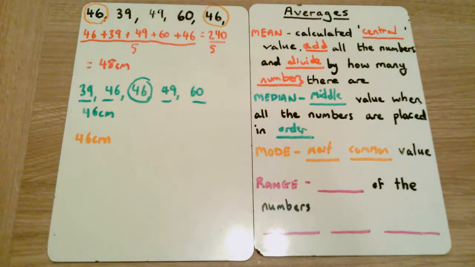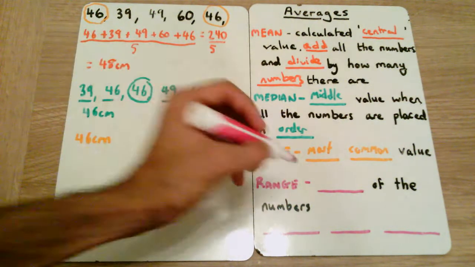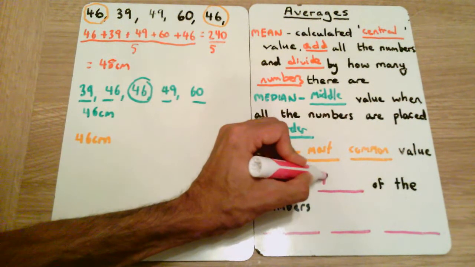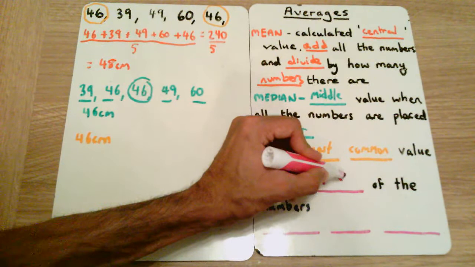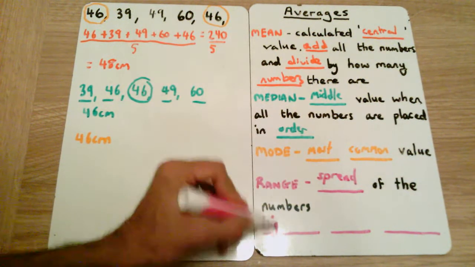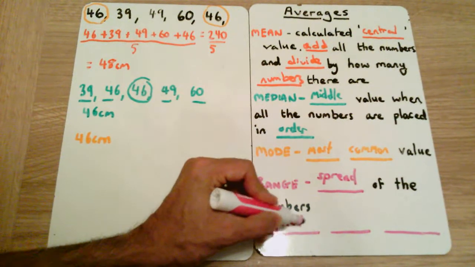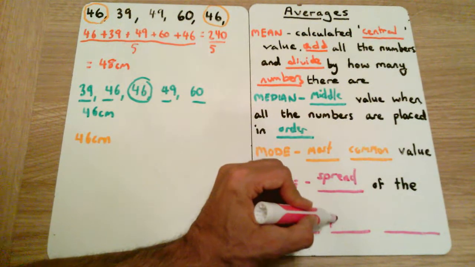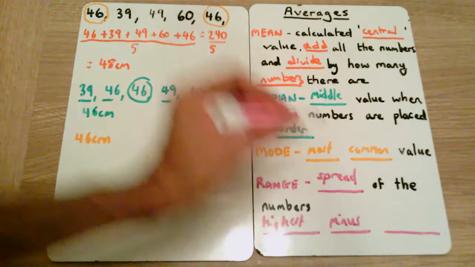Now the range is the last one. The range is what we call the spread of the numbers, how far apart they are spread. And the way you work the range out is very simply the highest number minus the lowest number.